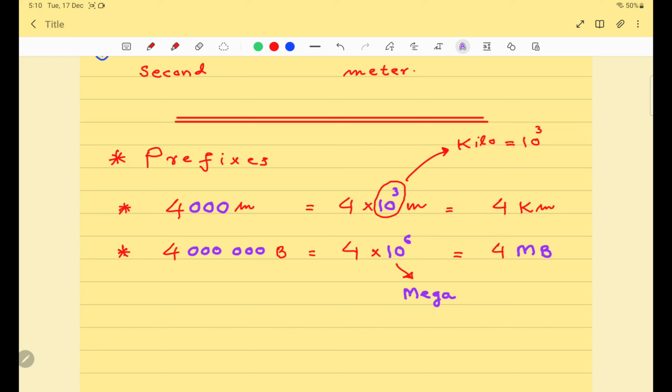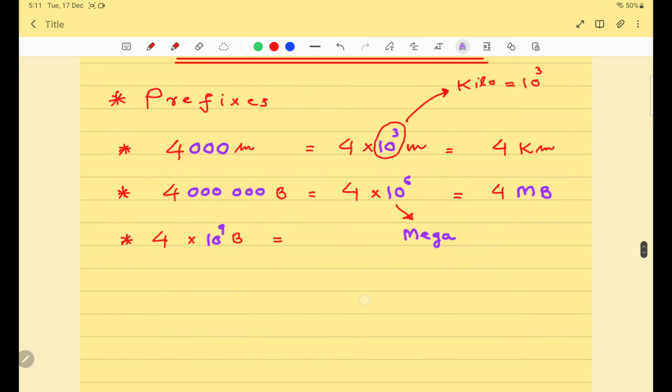megabytes. In the same way, if I ask you, there are 9 zeros in a file size, then can you tell me what should be expressed for exponent 9? Think in your computer class, exponent 9.